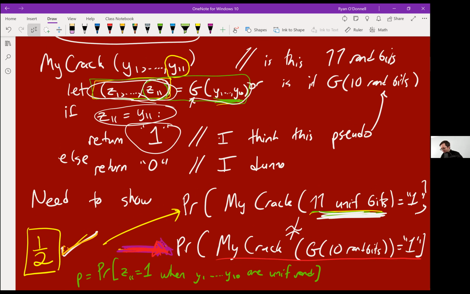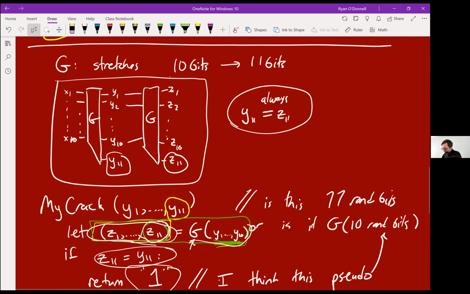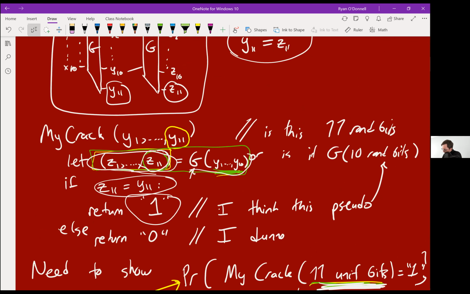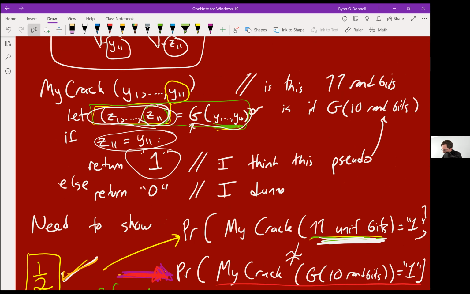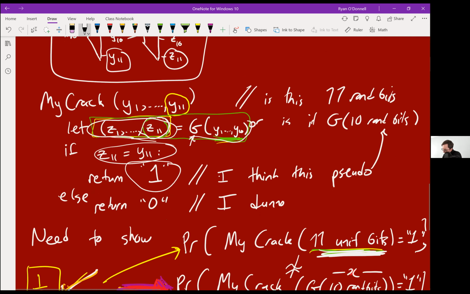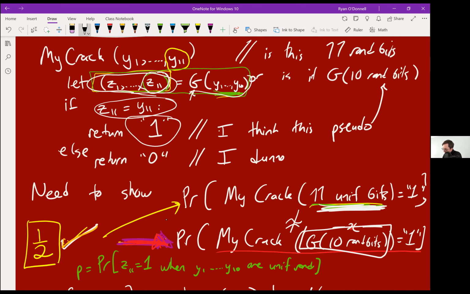That was our whole assumption. Wait a minute, is that so? Yeah, I guess so. If we call these 10 random bits X, the security flaw that we noticed is: if you take any 10 bits X and plug them into G, you get Y1 through Y11.